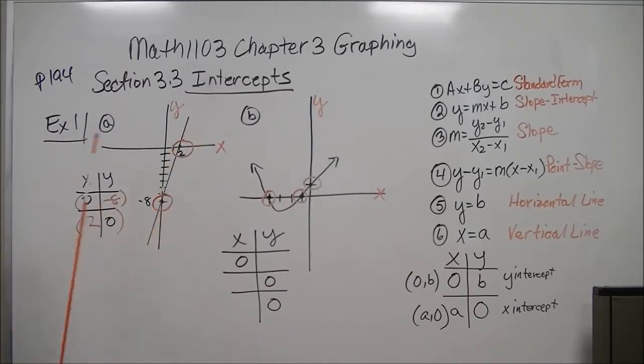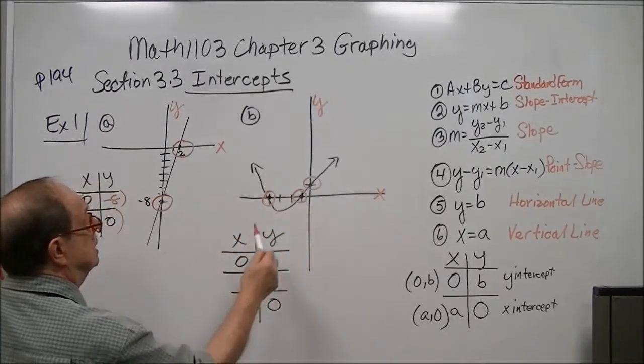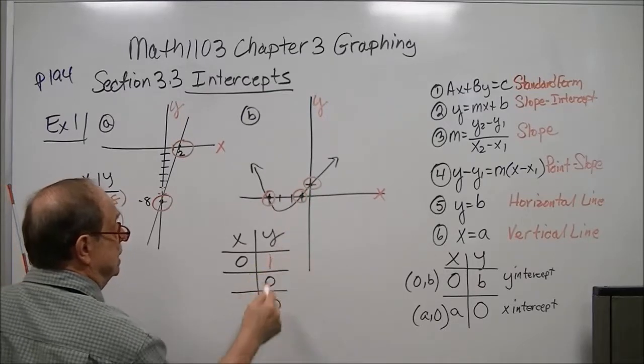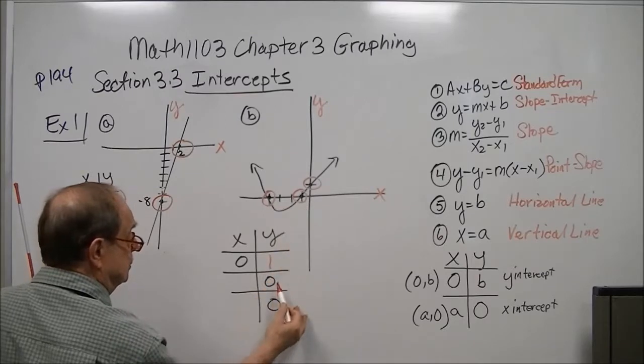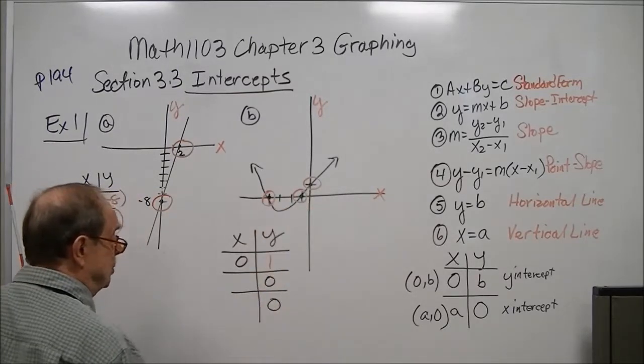Now for letter B, they're asking, what are your intercepts? Well, when x is 0, y is 1. And then here we have actually 2 x-intercepts. It's crossing it at 2 points.